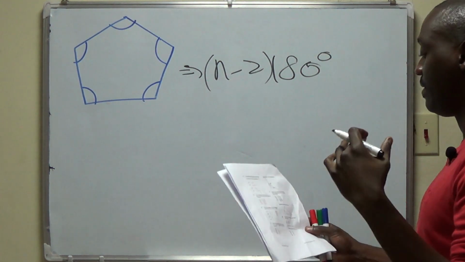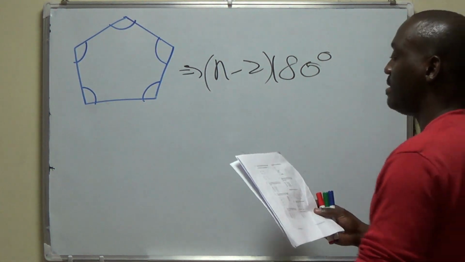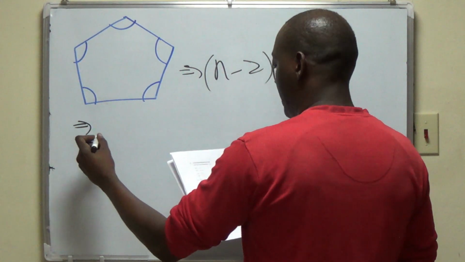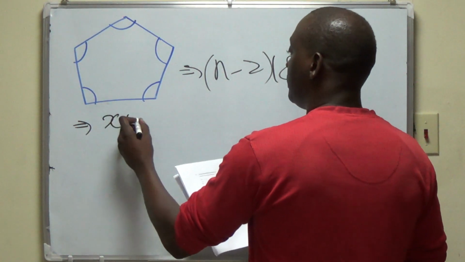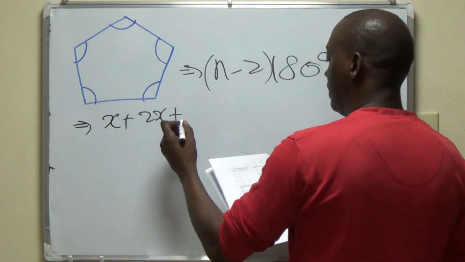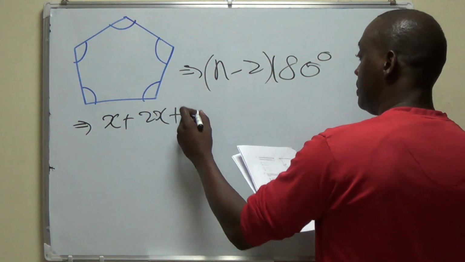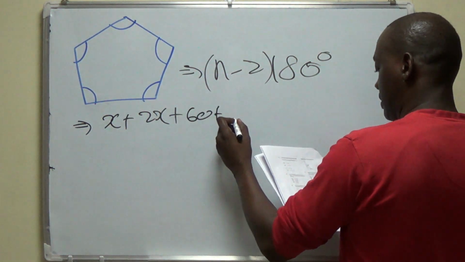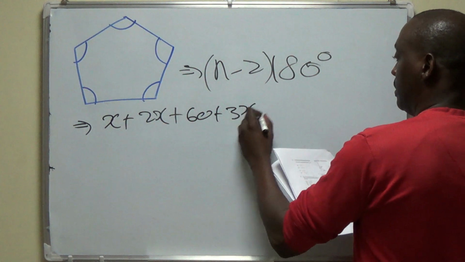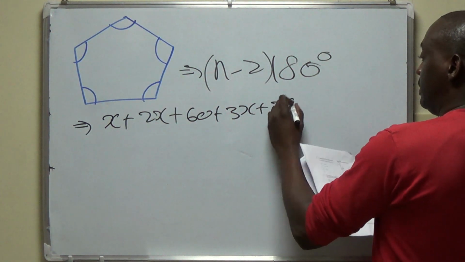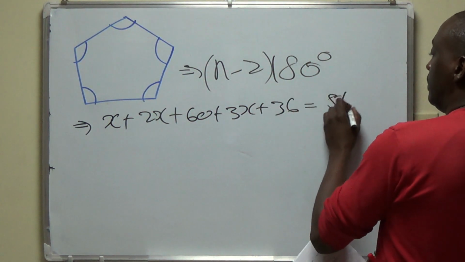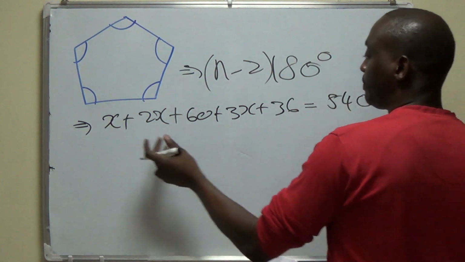is 540 degrees. So we could then say that in order to find x, we would have x plus 2x plus 60 plus 3x plus 36 would all be equal to 540 degrees.